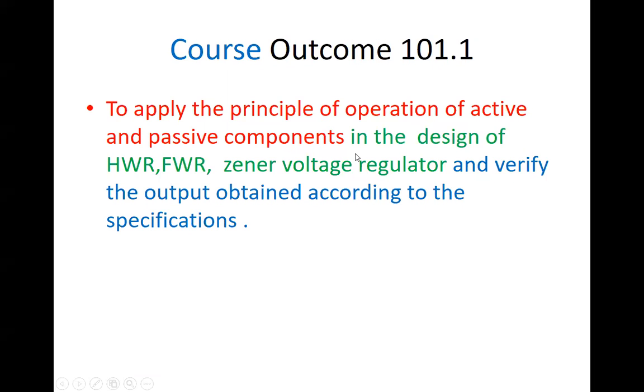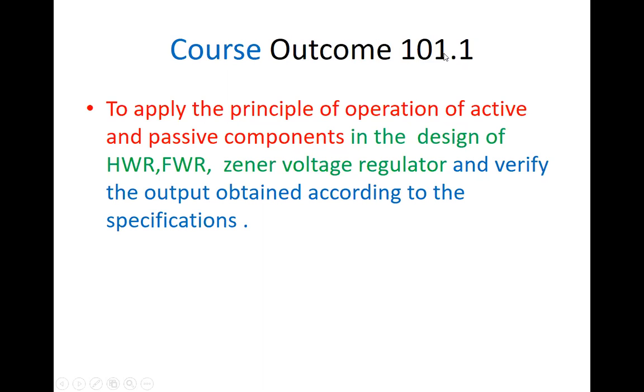So this will be the criteria. This will be the action: to design half wave rectifier, full wave rectifier, and Zener voltage regulator. And the condition will be to apply the principle of operation of active and passive components. So after taking 3 modules, I have written my course outcome 1.